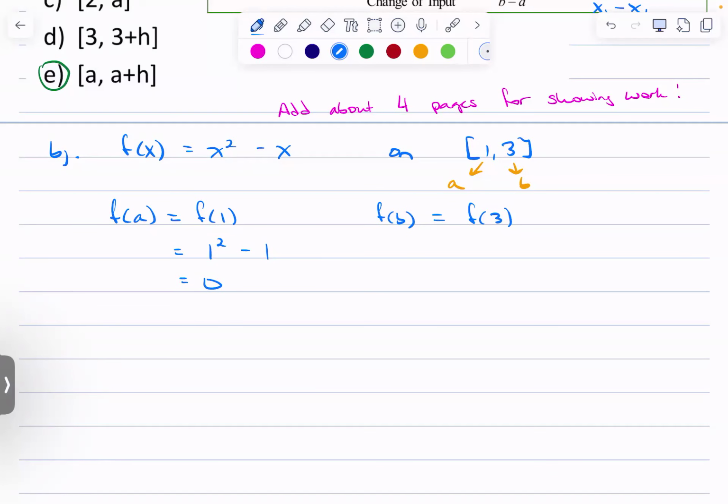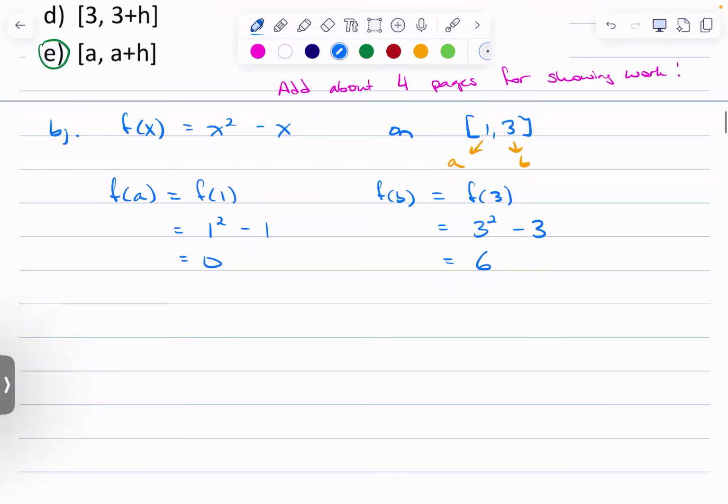F of b is f of 3. Wherever I see an x, I'm going to replace it with a 3. So I get 3 squared minus 3. 9 minus 3, 6. Now we're ready.